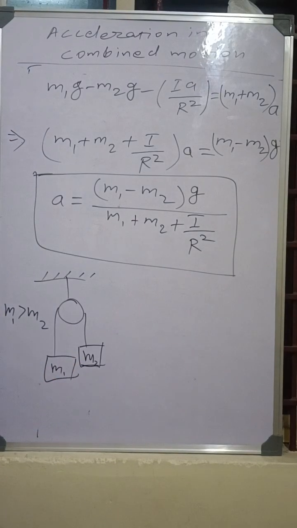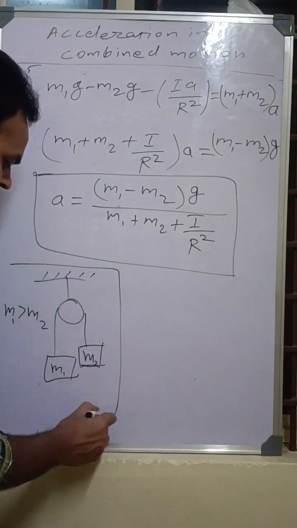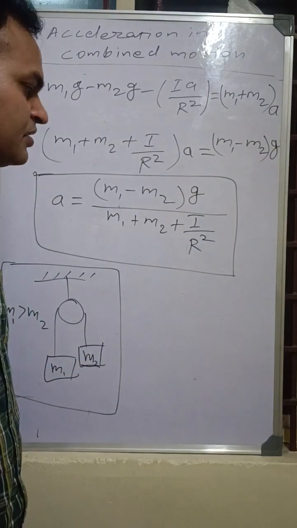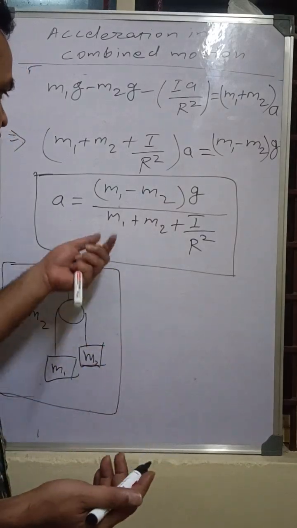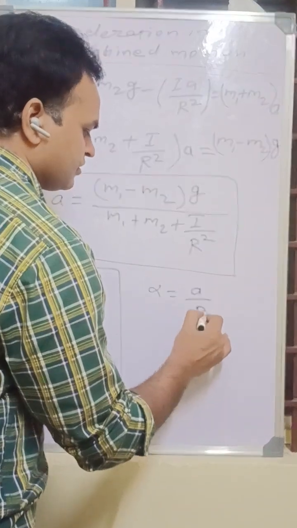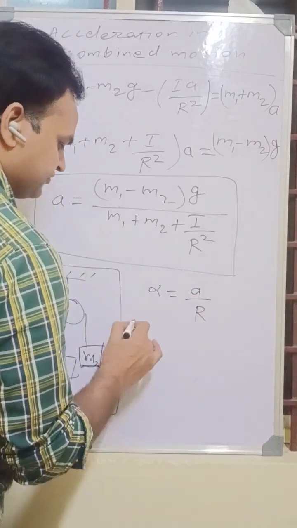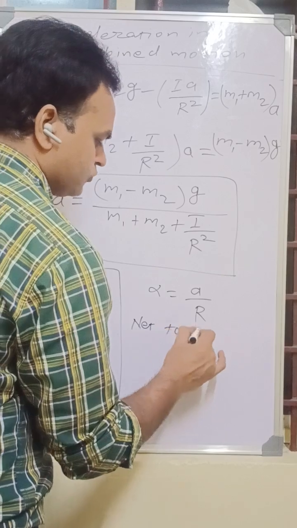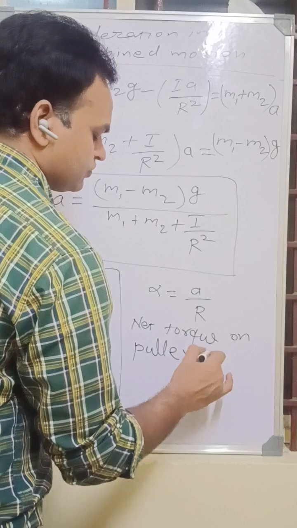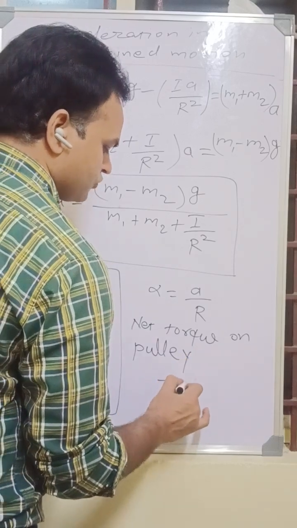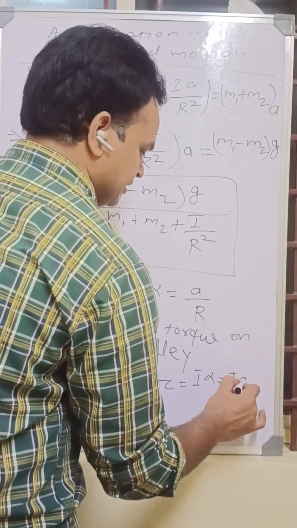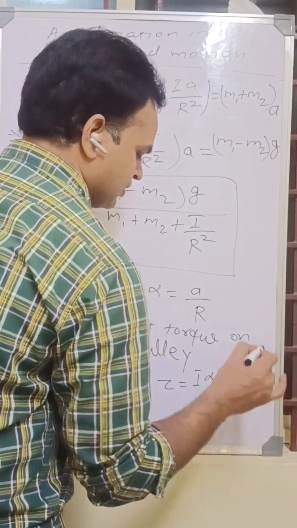Okay, so we can find any other parameter, T1, T2, alpha, net torque, by using this result also. So alpha equal to A by R, and if asked, net torque on the pulley equal to tau equal to I alpha, so I A by R also.